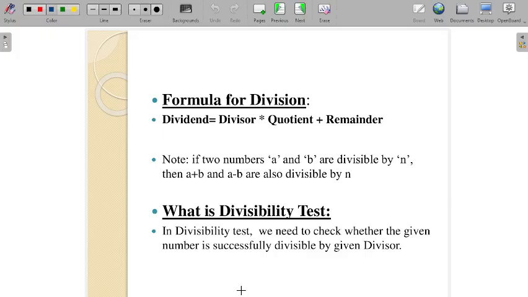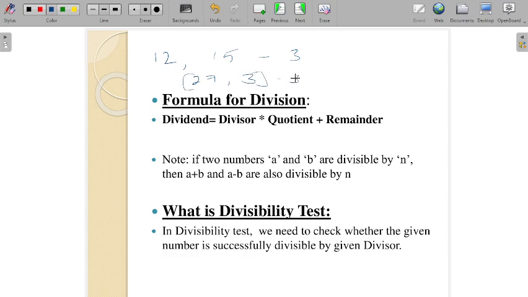For example, 12 and 15 are both divisible by 3. The sum of these two numbers, 27, or the difference, 3, are also divisible by 3.